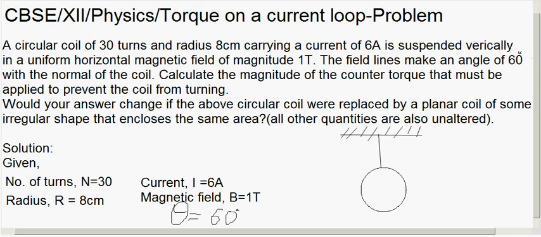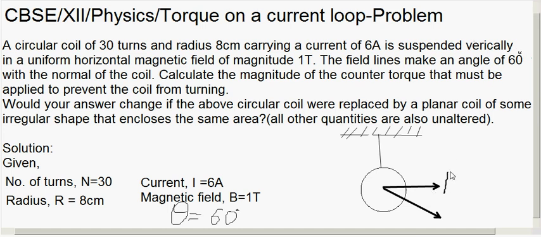The radius is 8 centimeter and it has so many turns also. Now the magnetic field makes an angle 60 degree with the normal to the plane of the coil. If the normal to the plane of the coil is in this direction, our magnetic field will be making an angle 60.